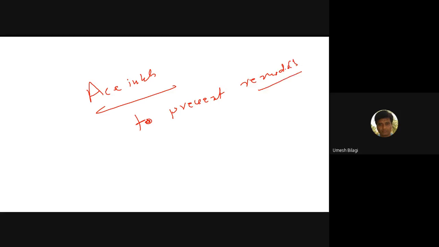ACE inhibitors are given to prevent remodeling of the ventricles. When the ventricle muscle gets damaged, the stress will fall on the rest of the myocardium.